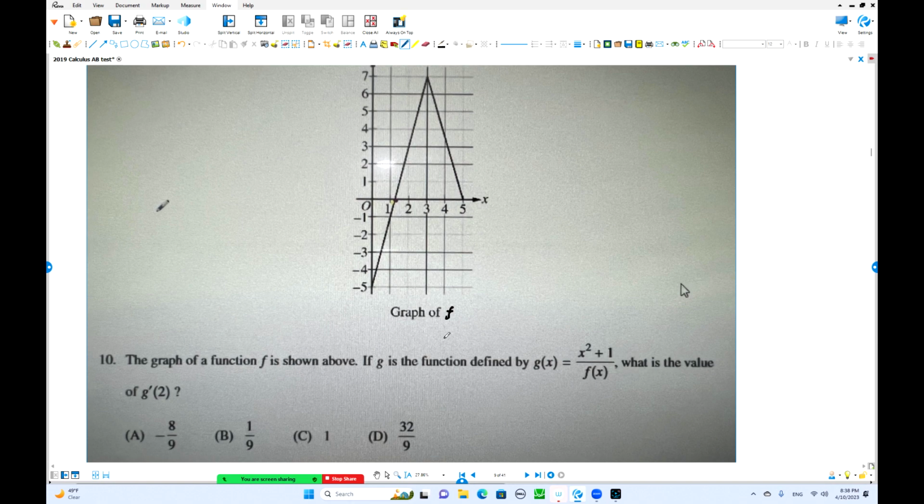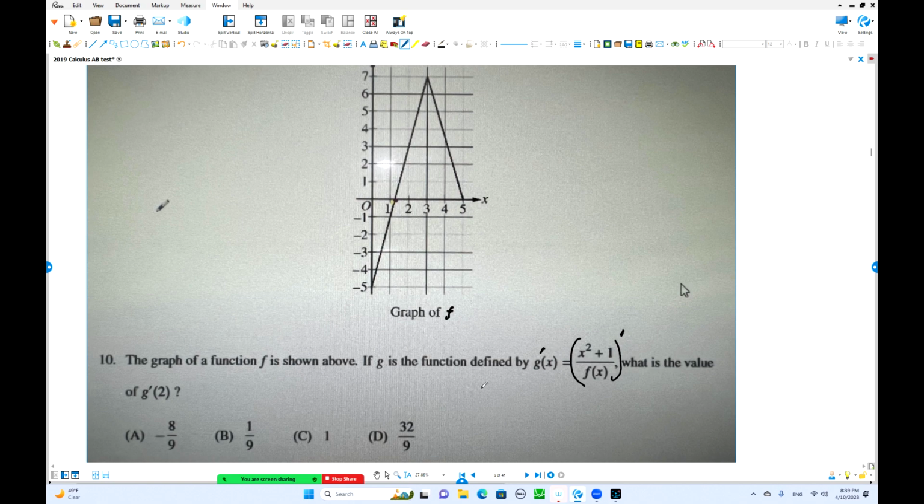This is a function with respect to x and f of x. They are related, they are connected. So what is g prime of 2? We need to take a derivative of this one.